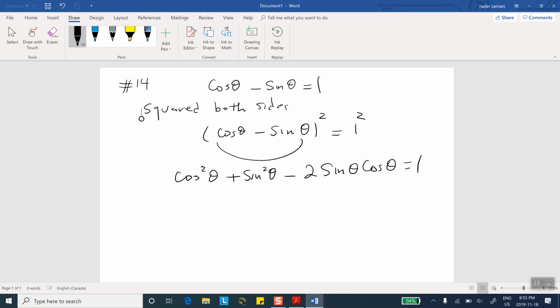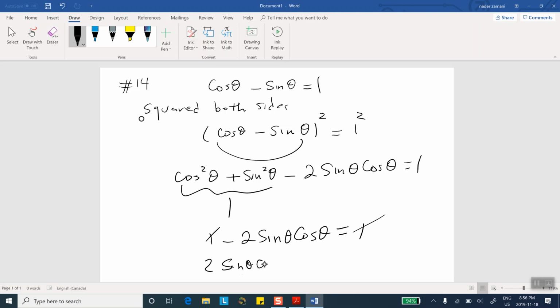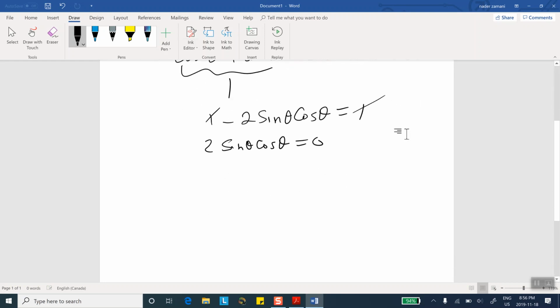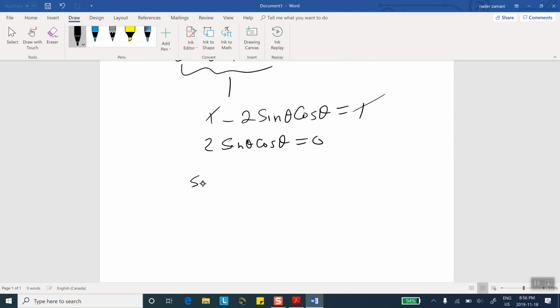Okay. However, this is 1. So 1 minus 2 sine theta cos theta equal to 1. The 1's cancel from both sides, and we have 2 sine theta cos theta equal to 0. And that means we broke it down into two problems. Sine of theta equal to 0, cosine of theta equal to 0.